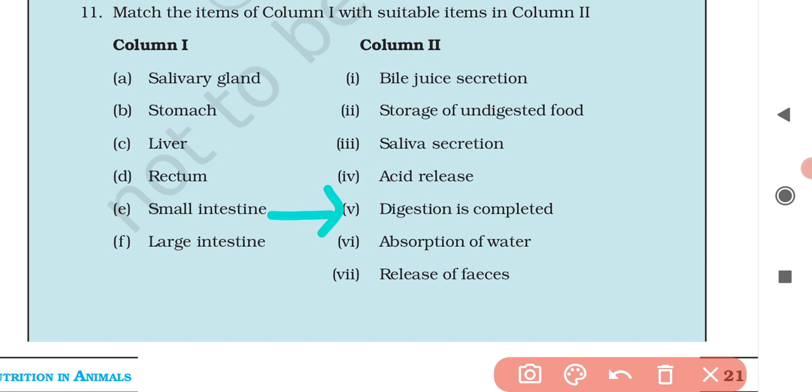Digestion is completed in the small intestine, right? And lastly, large intestine. Large intestine will be matched with absorption of water.